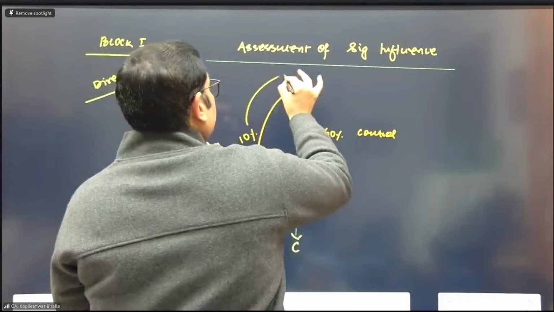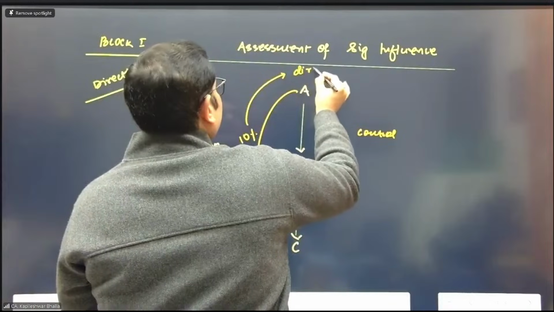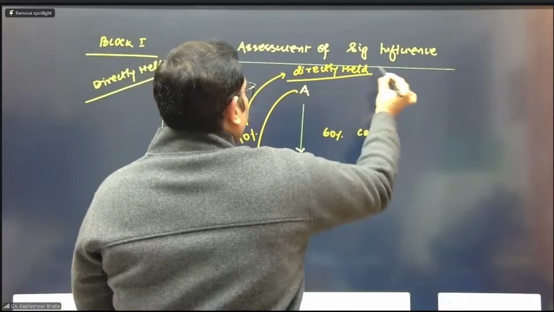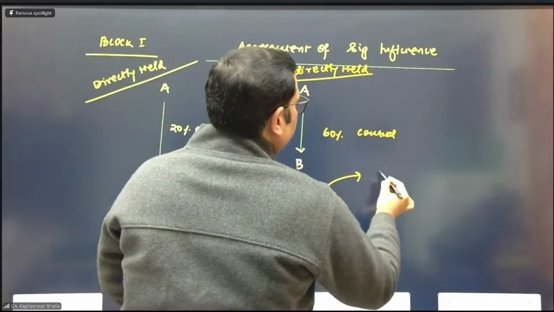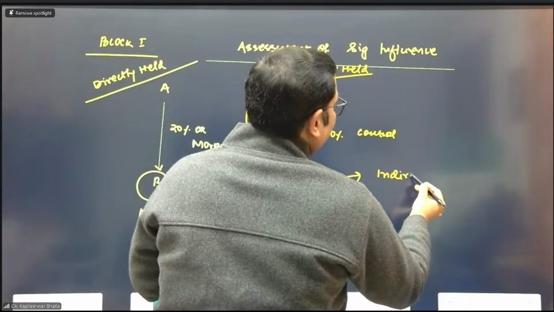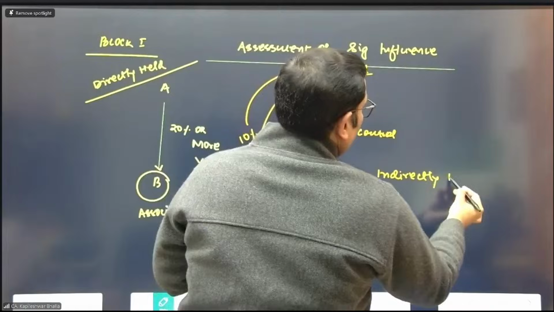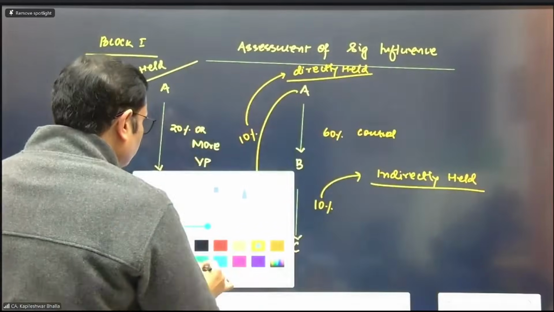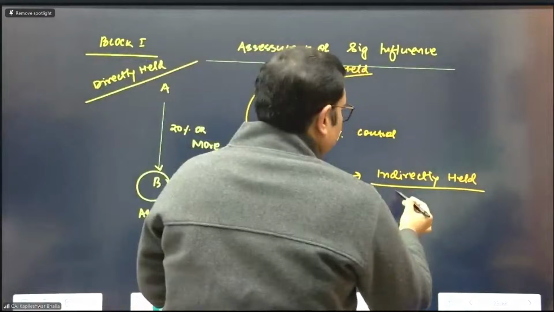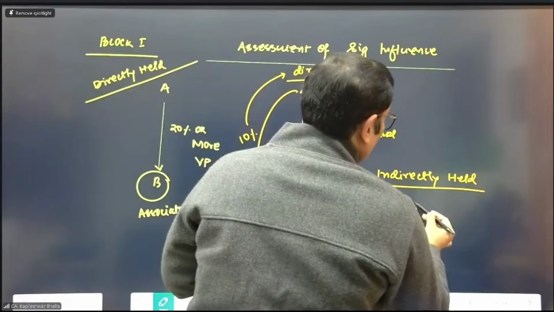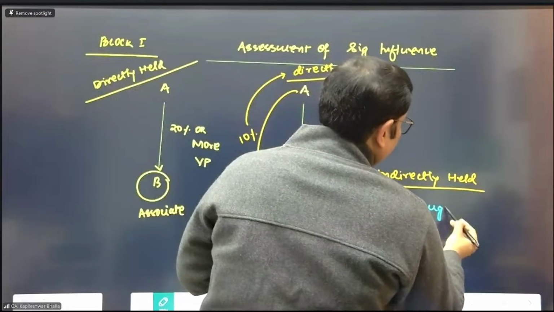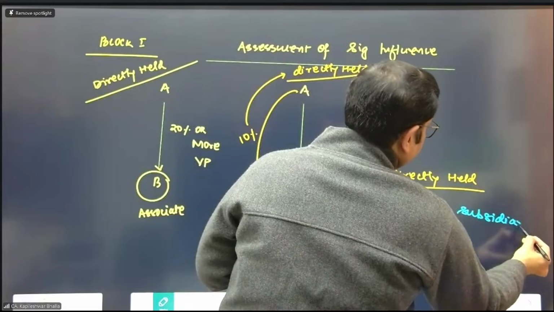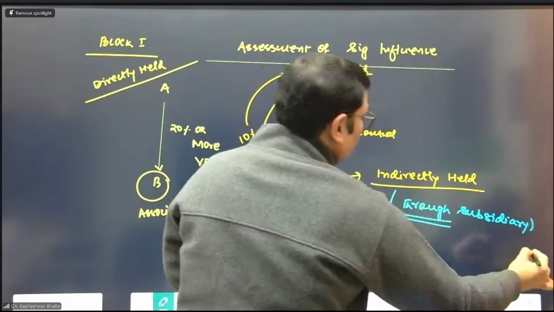So I can say this 10% is directly held, and this 10% is indirectly held. When you say that it is indirectly held, the most important aspect is that it is indirectly held through a subsidiary.